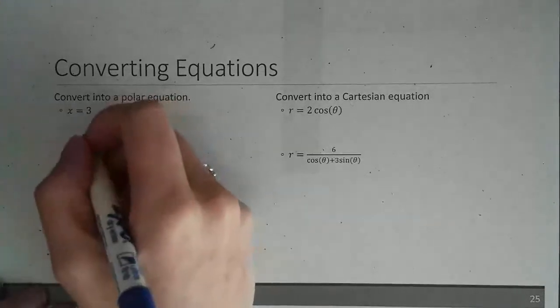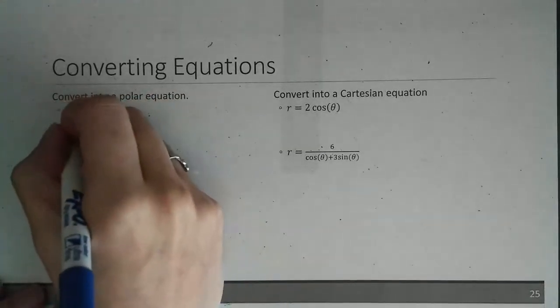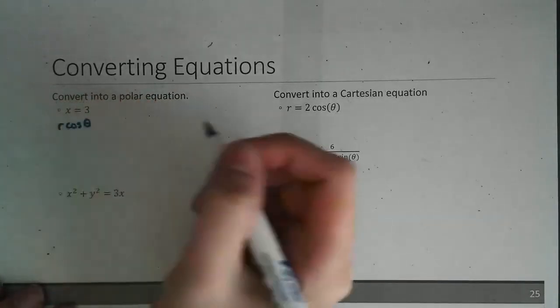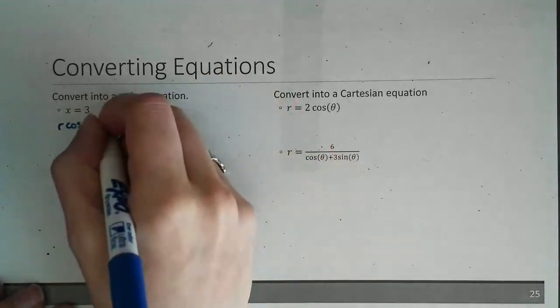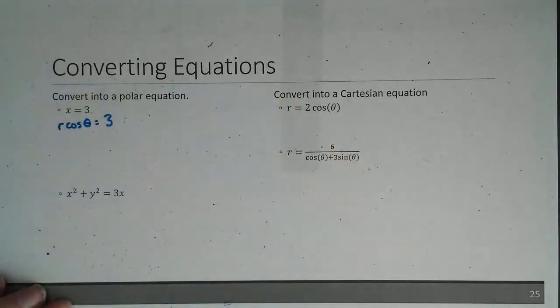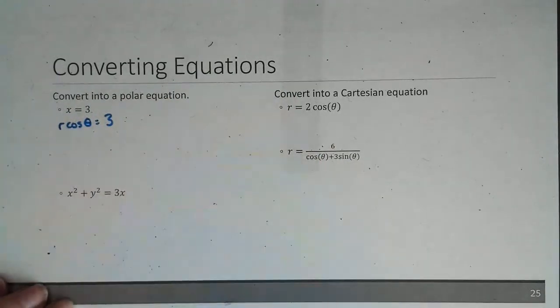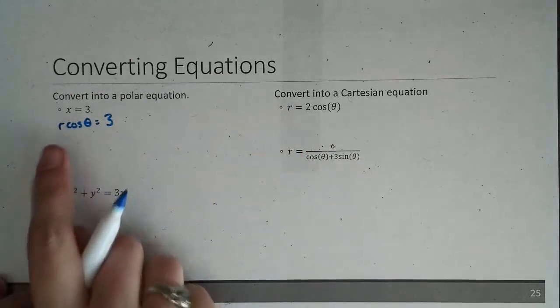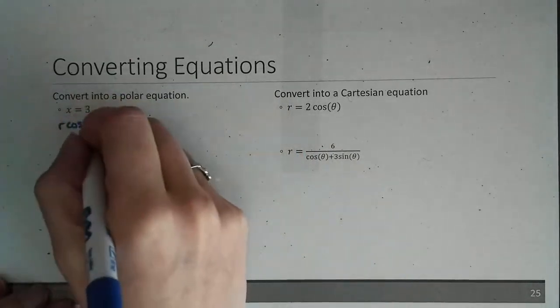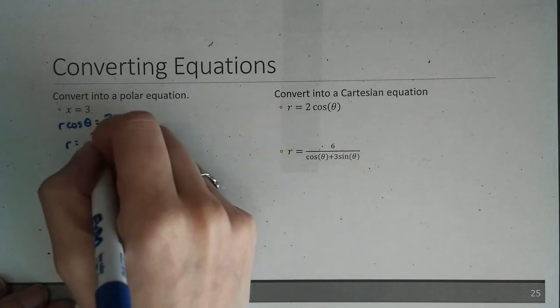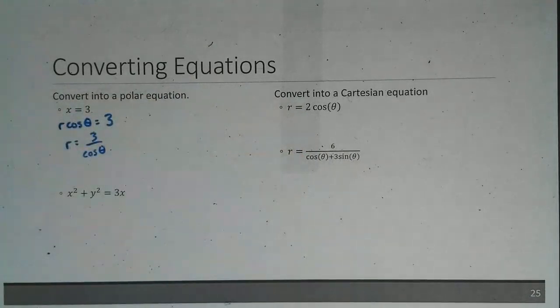So what do we know about x? Well, x is equal to r times the cosine of theta. So if x equals 3, then r times the cosine of theta is equal to 3. And you'll notice over here our polar equations usually start with r equals. So I'm going to get the r by itself. r is equal to 3 over the cosine of theta.